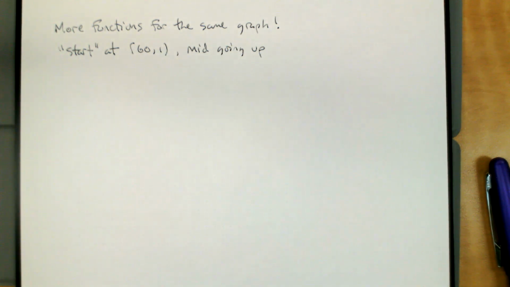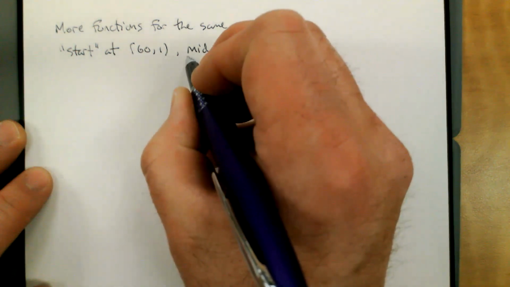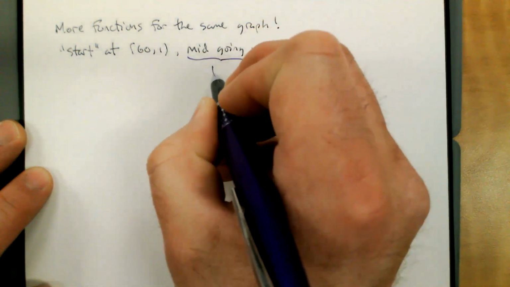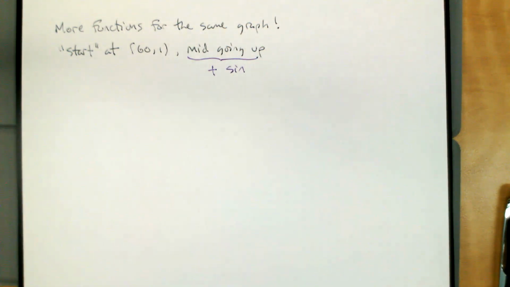Middle says we should be using sine. Up means we should use positive sine. The 60 says our horizontal shift should be 60.